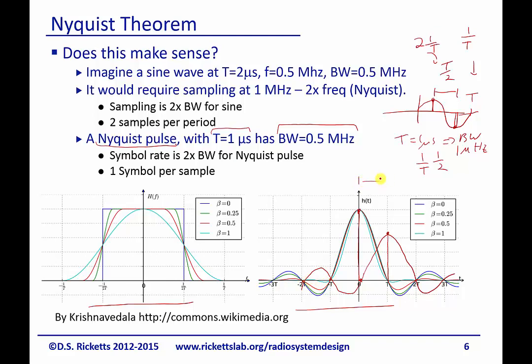So I can run a repetition rate at 1 megahertz, right? Because I just need 1 pulse that is there. And so you can see my pulse rate is twice the bandwidth. My bandwidth is 1/2 over t, or 0.5 megahertz.